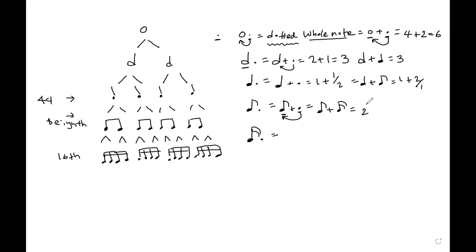And the eighth note is half, and then the 16th is what? 1/4. Okay, so this one is 3/4. And then look at this. This is 16th plus dot, the 16th and then half the value of the 16th, which is you add one more flag, this is 32nd, okay?